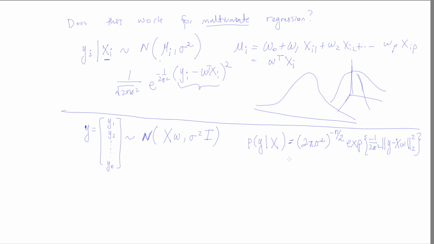Now, hopefully you can see that if I do the argmax over W of the probability of y given x, this is going to be the same as taking the argmin over W of this guy, which is exactly the same as the least squares problem that we did in tutorial 1.